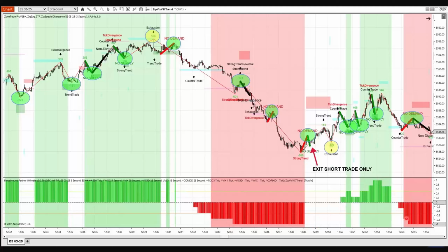You can see by the percentages of the fuzzy logic in Bloodhound, as we're going into this trade right here, we went from being very bullish to very bearish heading into that trade right there at 1255.